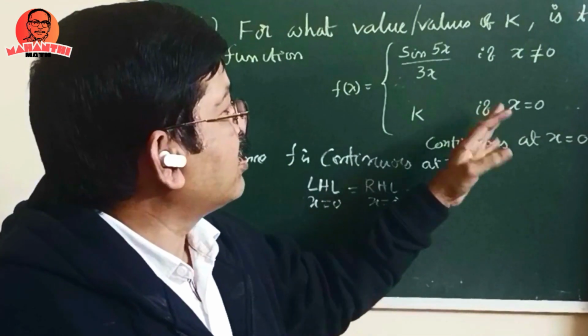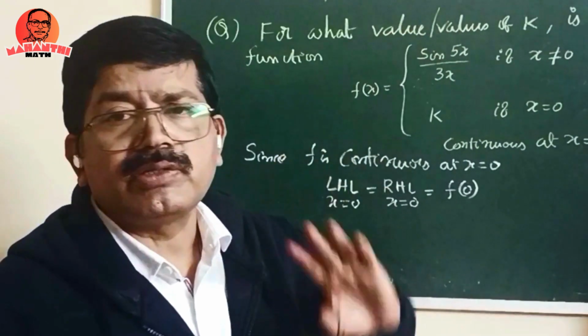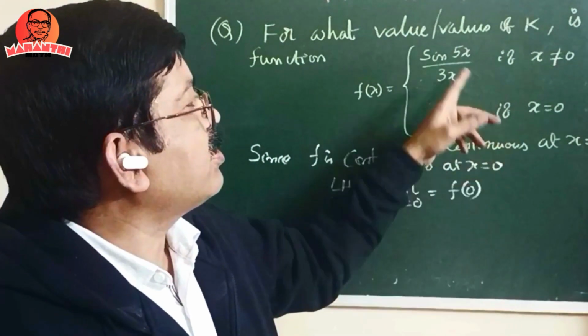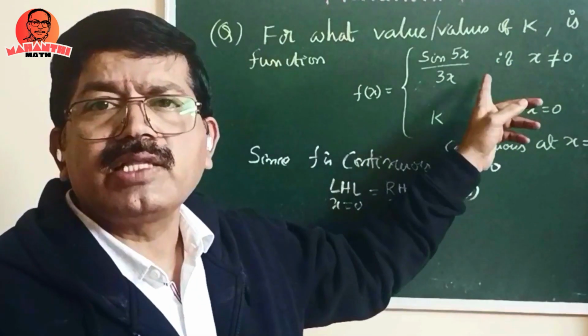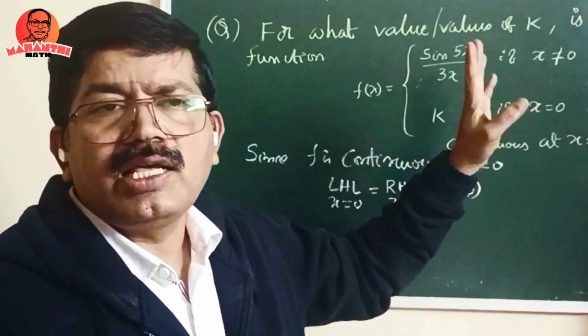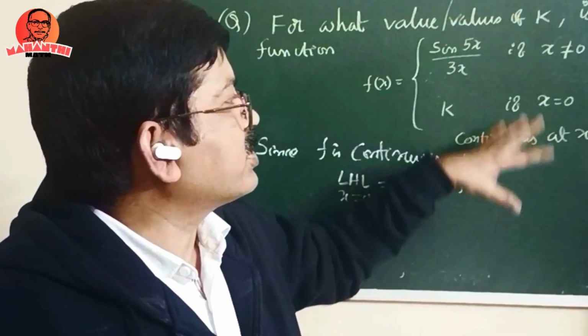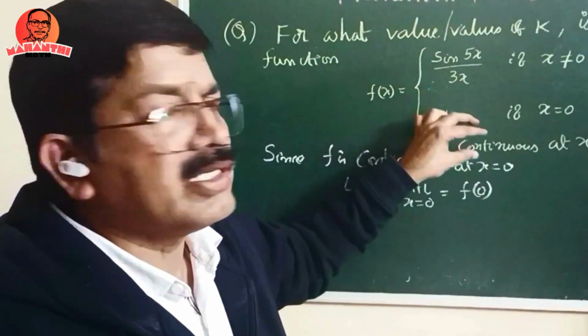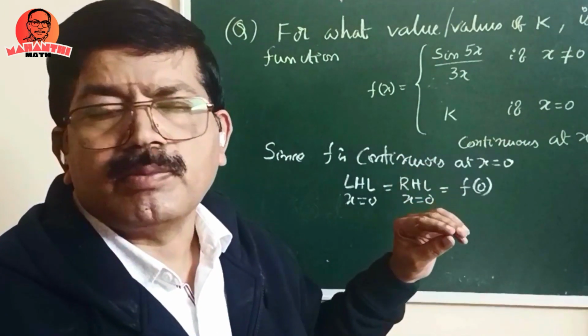Directly it is given when x not equal to 0. So when x is less than 0 we take the same function, and when x is greater than 0 also the same function. So LHL and RHL will be the same value. We only have to equate this limit value to k, then the k value will come.